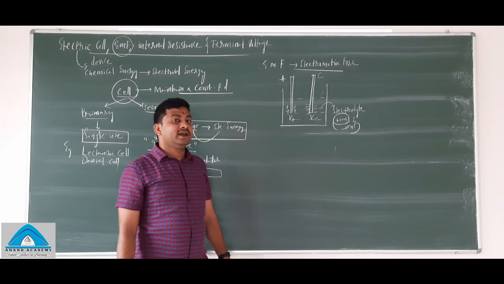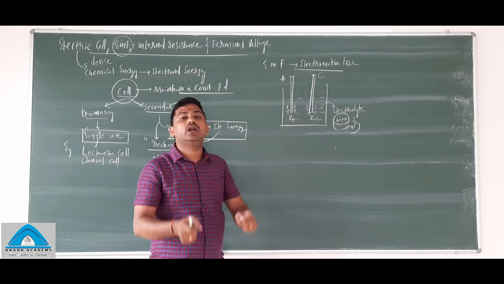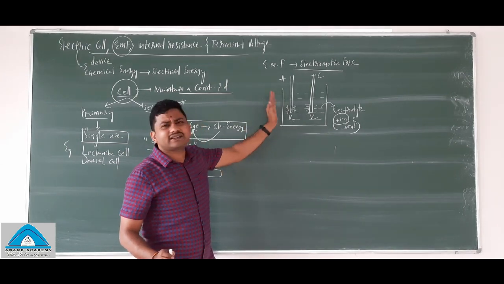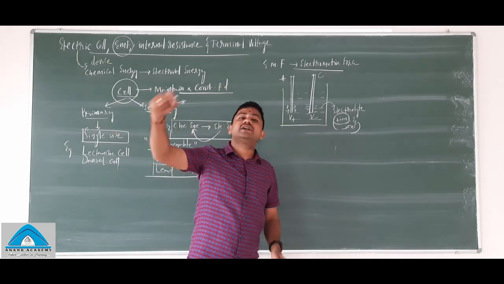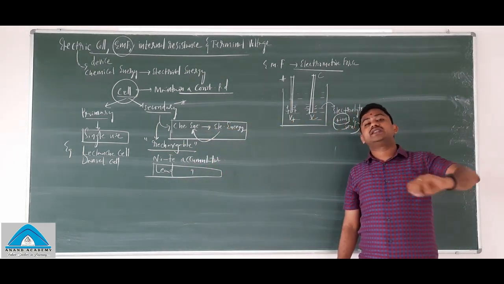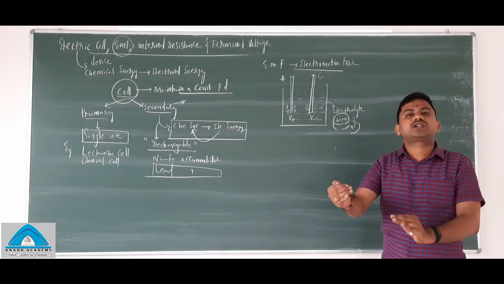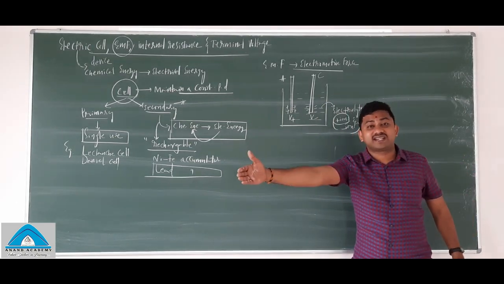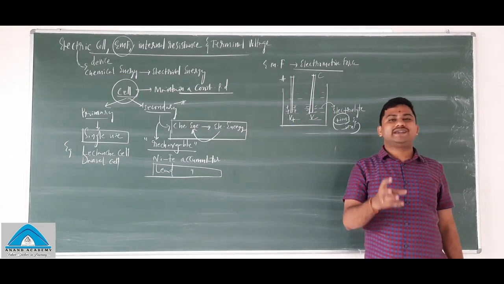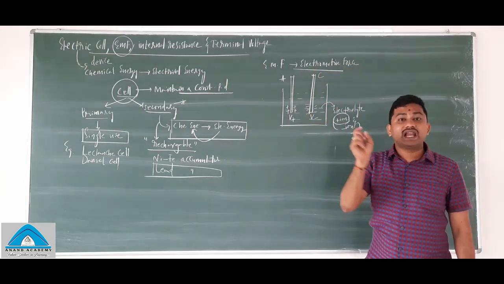You can see there is a constant potential difference maintained inside the cell. That's called EMF, right? No current is drawn from the cell. We have not connected this cell to any other conductor, electrical device or resistance. I hope you are understanding. This is just a cell which is not connected to any external resistance. So this constant potential difference maintained is called EMF, the electromotive force, right?